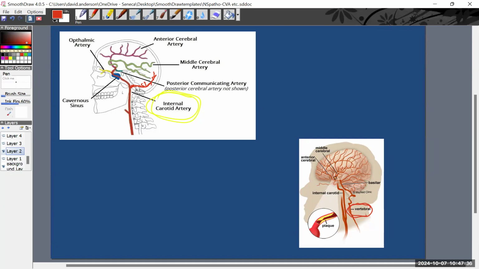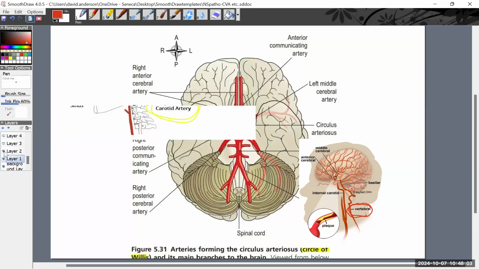The vertebral artery passes up through what's called a vertebral foramen in the cervical vertebrae, and then enters the skull in the cranium. Together, these two arteries, the internal carotid and the vertebral artery, are going to form a series of joins, if you like. The fancy word is anastomoses. They connect to one another to form a circle, and that circle is described as the circle of Willis.